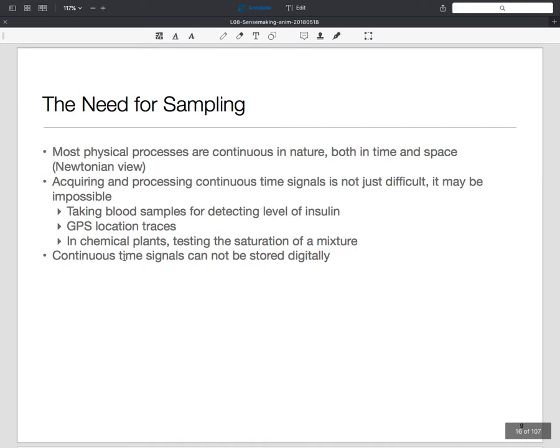Okay, so the need for sampling is kind of obvious: we have to take that analog information and somehow digitize it. The question that comes up is how do we go about doing it?